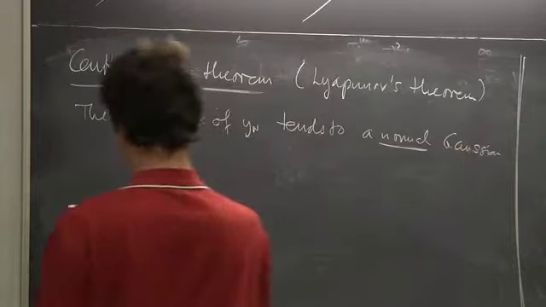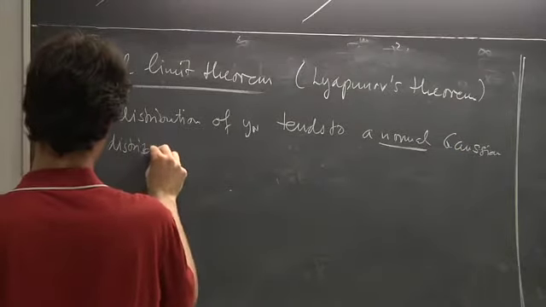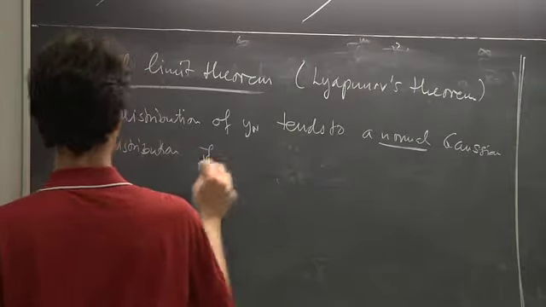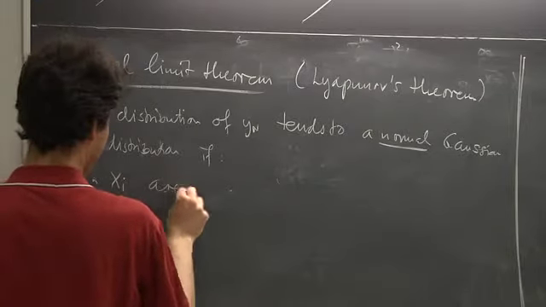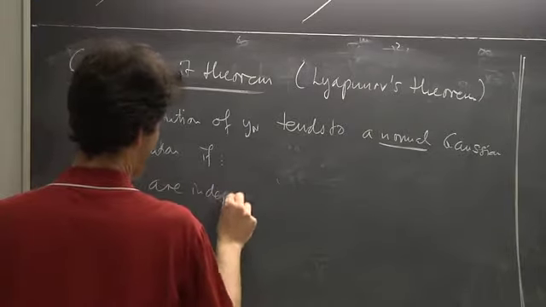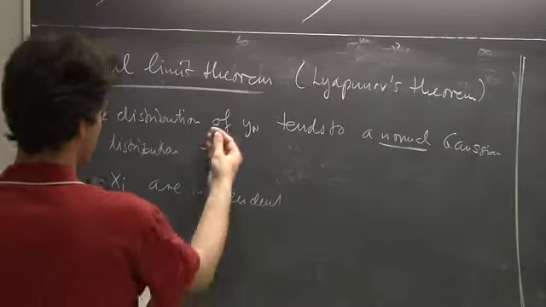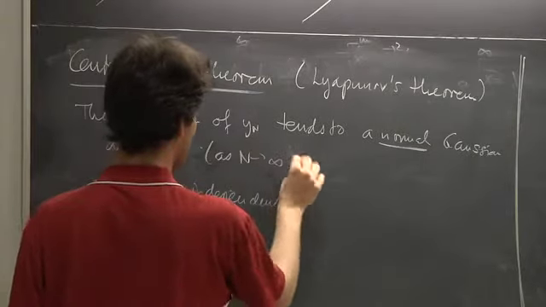I mean, normal means already Gaussian, so it's a pleonasm. If, okay, the xi are independent, normal Gaussian, say, as n goes to infinity, of course, right?